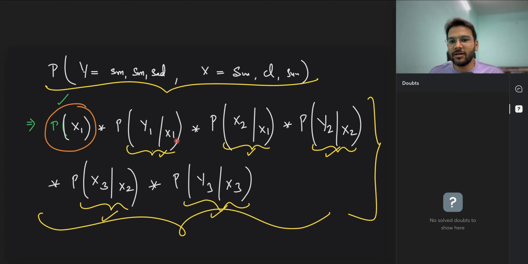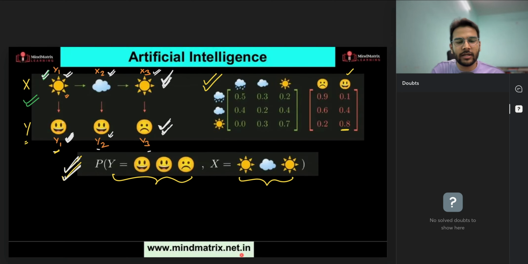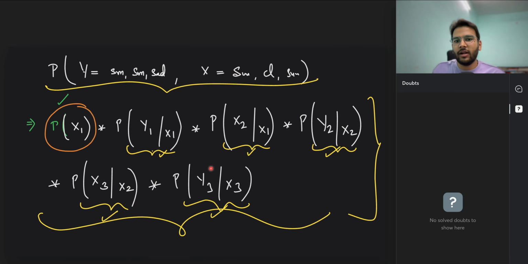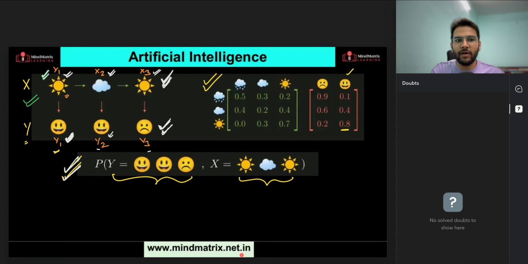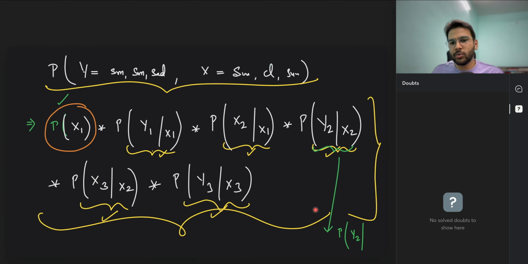And why are we not considering other events? For example, let's talk about y2. Can anybody tell me why we are not writing this one as the probability of y2 given x2, x1? This is also correct, right?